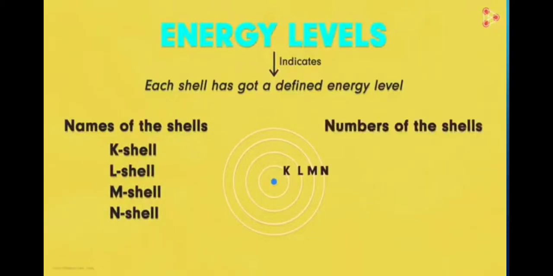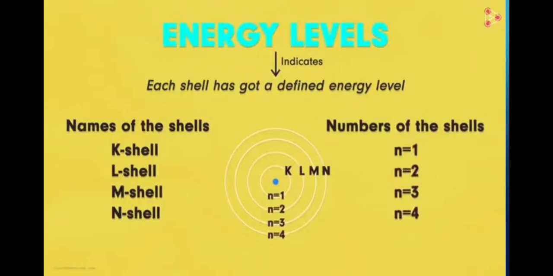In that case, we use the letter n in lower case. They write them as n equals 1, n equals 2, n equals 3, and so on, beginning from the one next to the nucleus. So we can name them alphabetically or we can even number them.